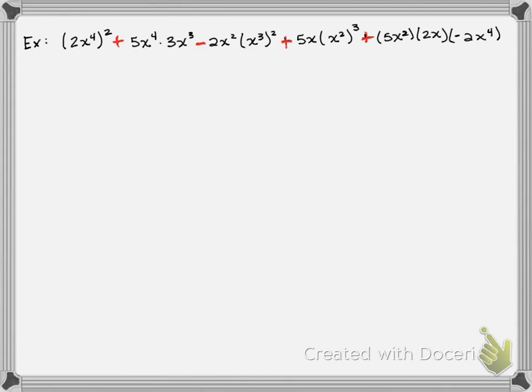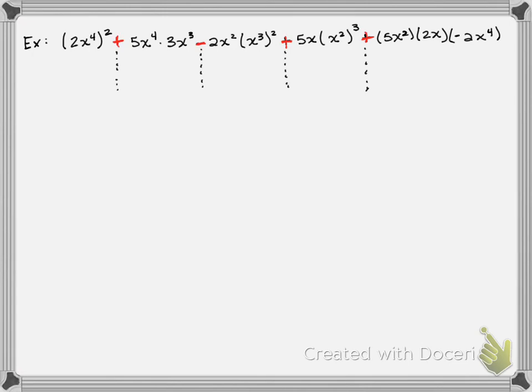So you can even just draw a line where each addition and subtraction is, and then address each of those individually without thinking about the other ones, because we don't have to do this all at once. We're going to simplify each term first, and then we'll worry about the fact that we're adding and subtracting them.